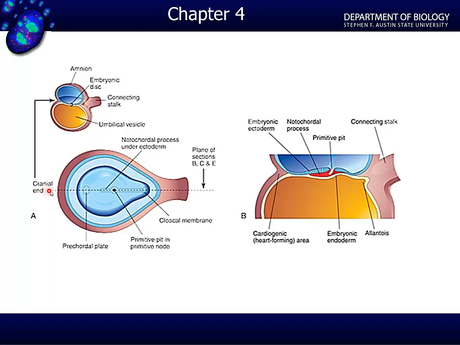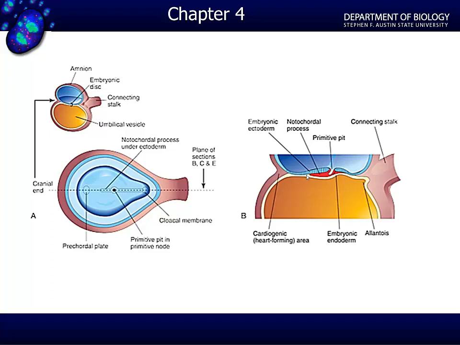Now, if we cut a section directly through the midline and look at this cut, what we're going to see, this is anterior prechordal plate. Here we have primitive node, primitive pit. Here's our solid notochordal process extending forward. Now, that is going to remain, and it's going to continue to extend, but you see how the primitive pit is at the very beginning there of our notochordal process.